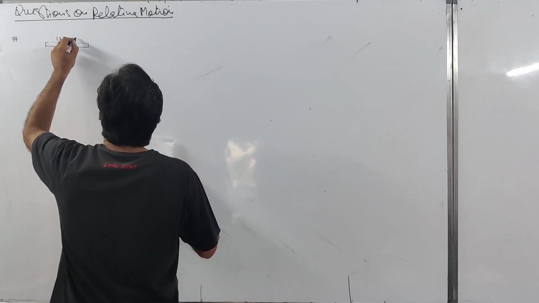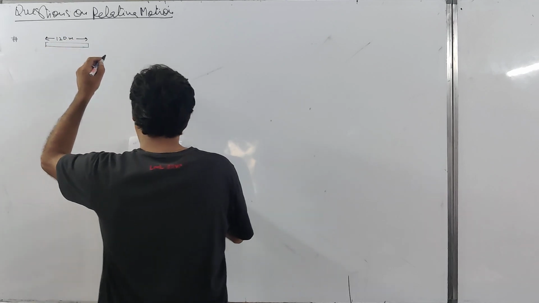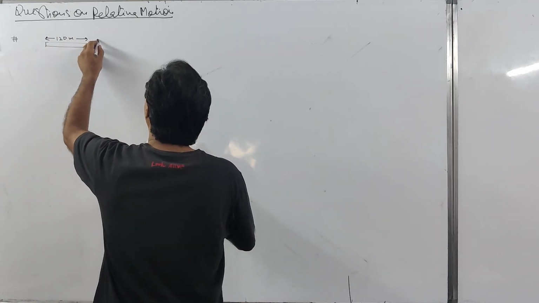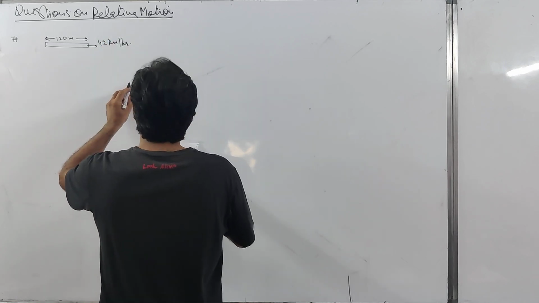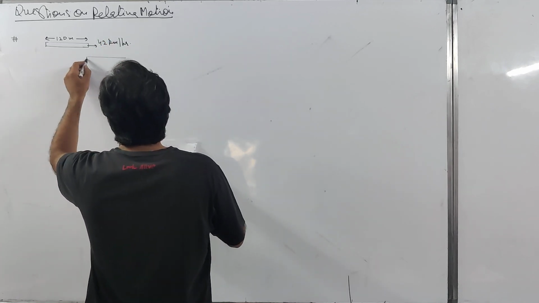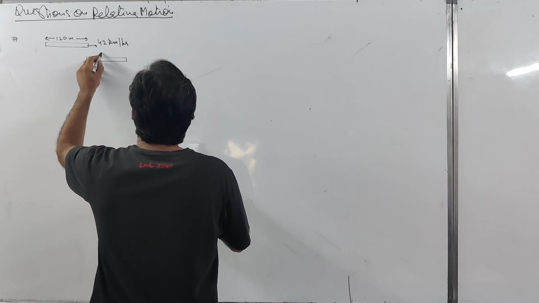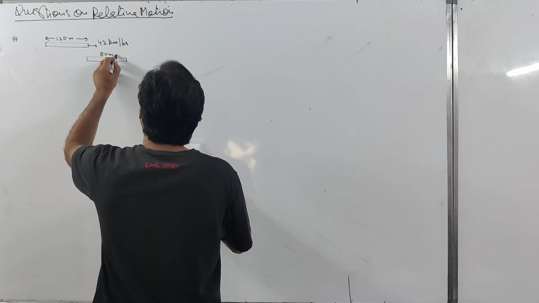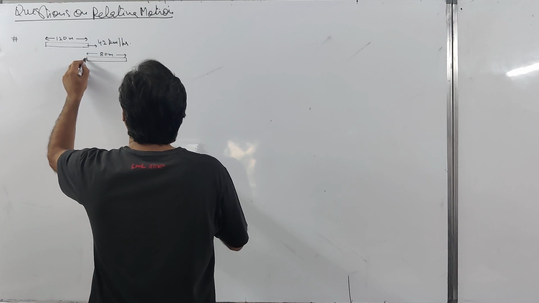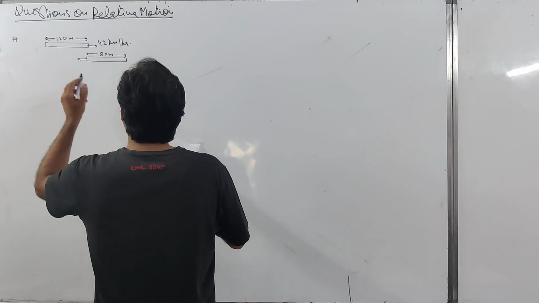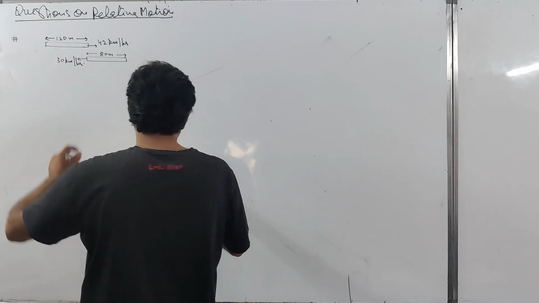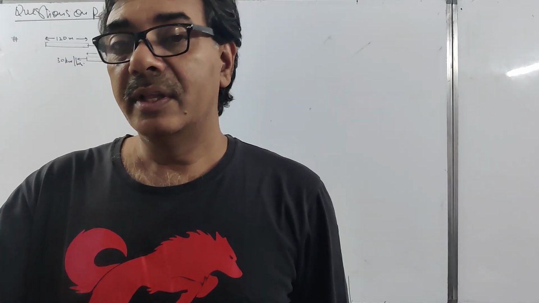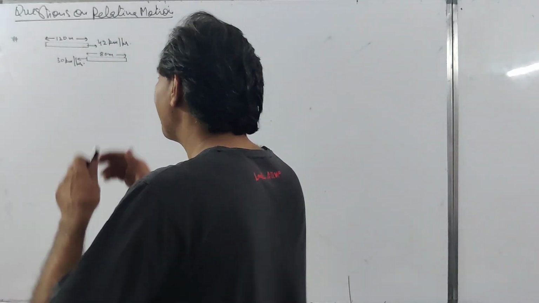This is moving at the rate of 42 kilometers per hour. And there is a train which is 80 meters long, and this has a speed of 30 kilometers per hour. The question is that what is the time taken for the trains to cross each other?